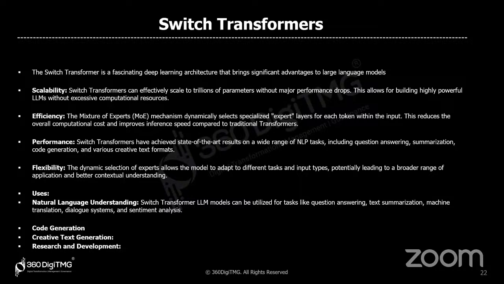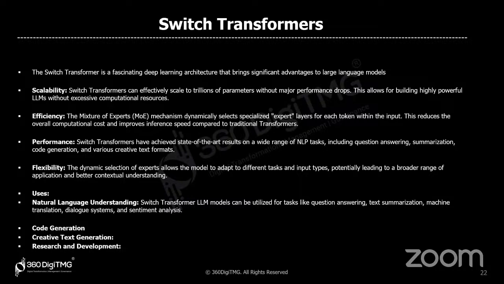Okay, then performance-wise, the switch transformer has achieved state-of-the-art results on a wide range of NLP tasks, including question answering, summarization, code generation, and various creative text formats. Then there is flexibility.